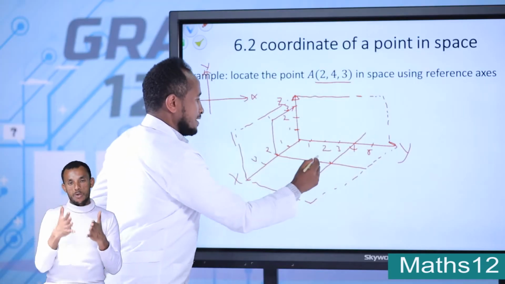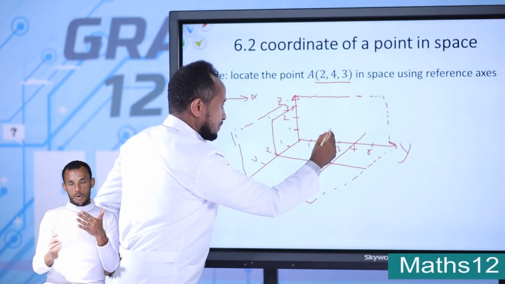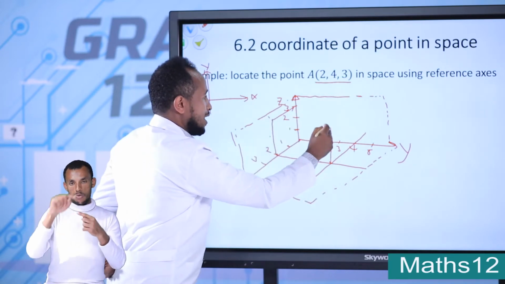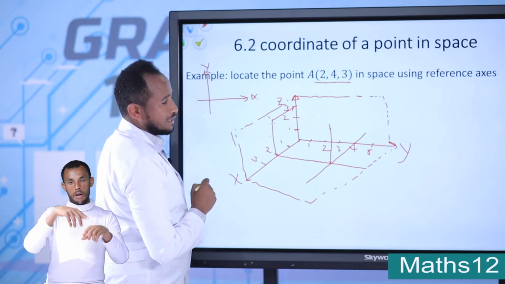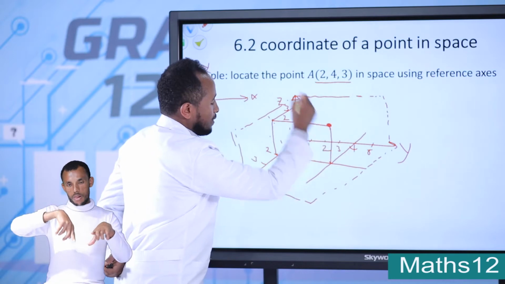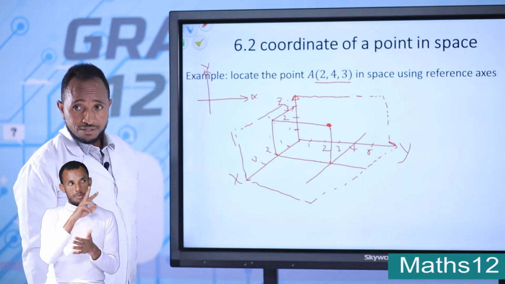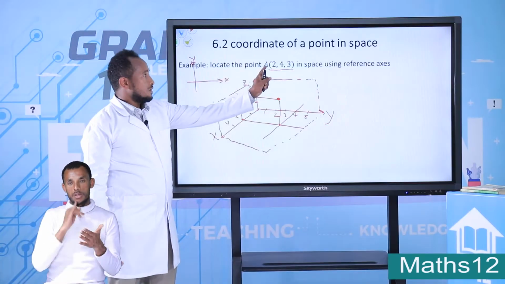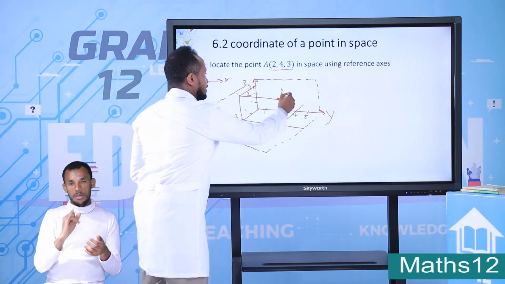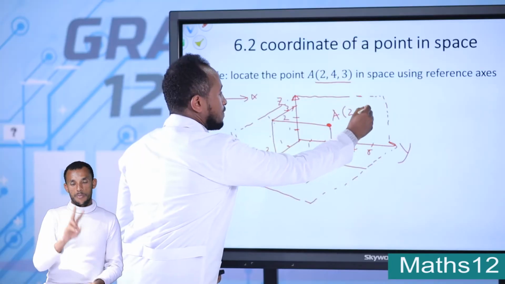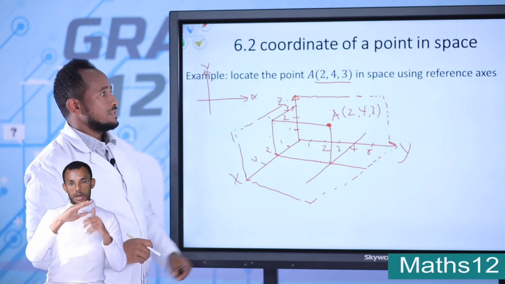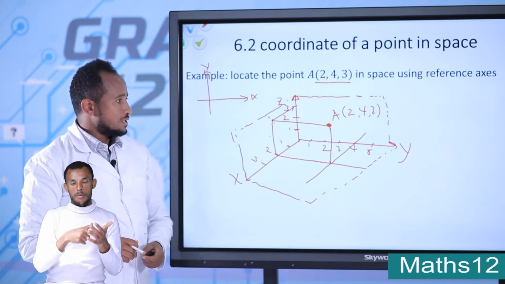Next, draw a line parallel to this one with equal length. So draw a horizontal line here. This point is A with coordinates (2, 4, 3). So this is how to locate a point in space.